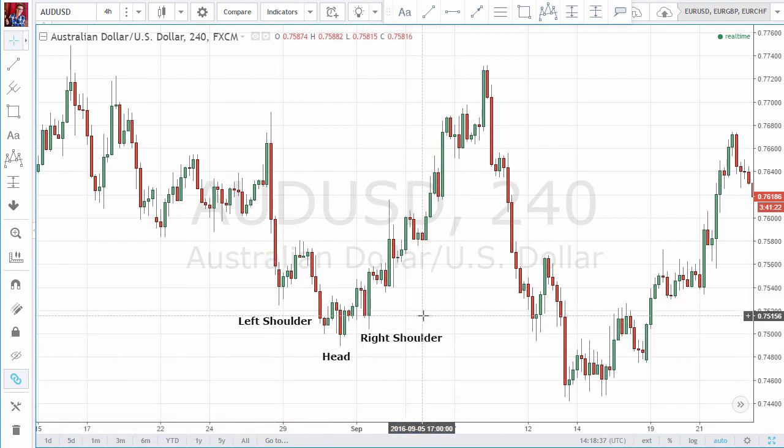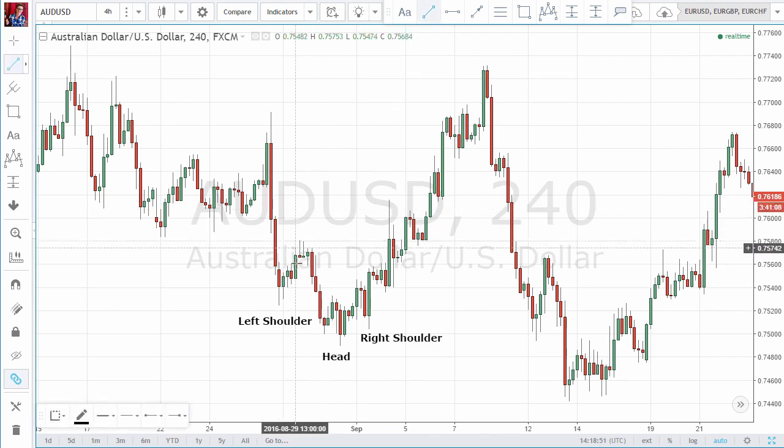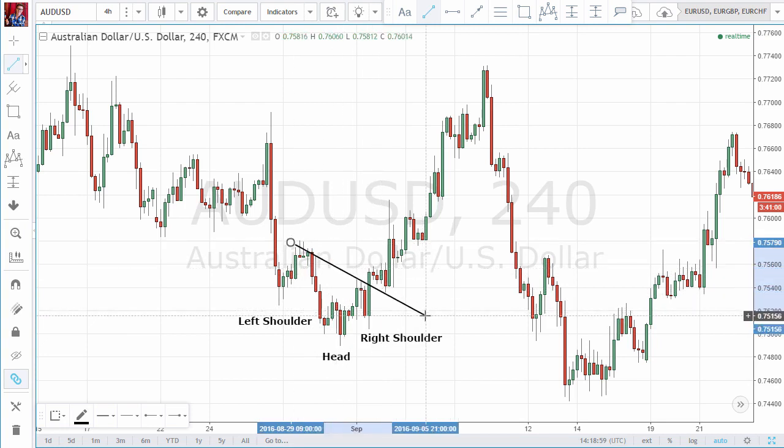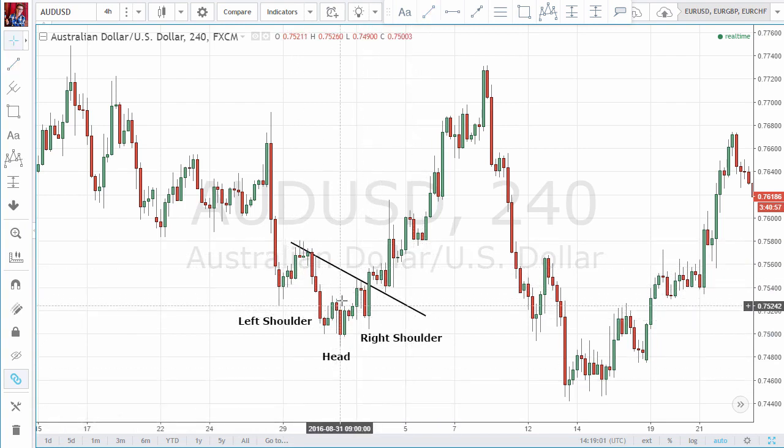Another very important point about the head and shoulders is that there is something that we call the neckline. Usually it is drawn by using the previous swing highs on the left shoulder and the right shoulder. So here we grab this high and this high, so that could be considered a neckline.